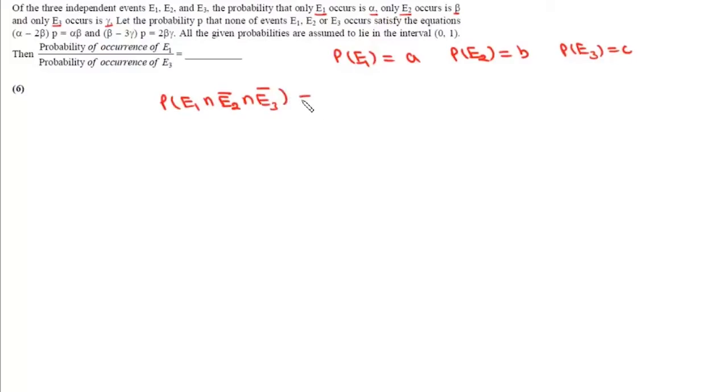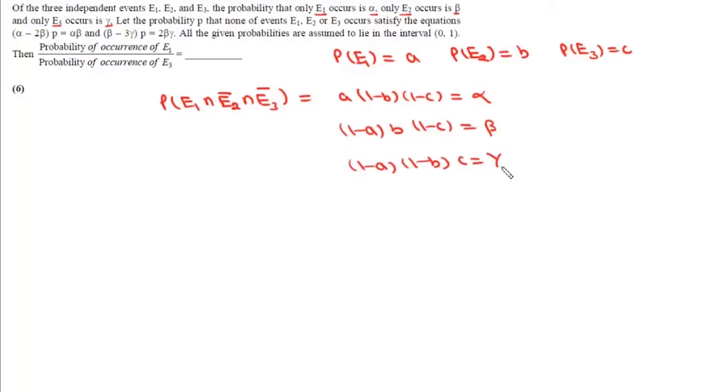Now they are independent events, so this probability will be A into (1 minus B) into (1 minus C), and it is equal to alpha. In the same way we can write (1 minus A) into B into (1 minus C), which is beta, and then (1 minus A)(1 minus B) into C, and this is gamma.